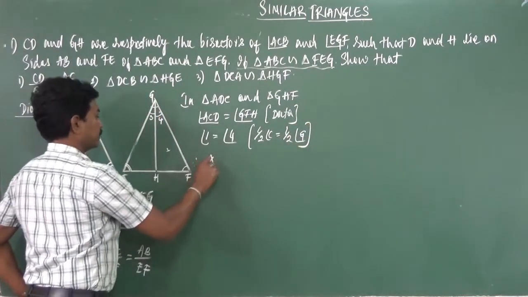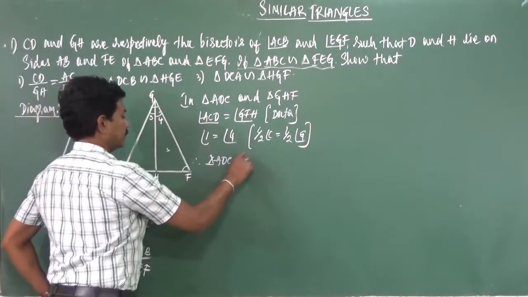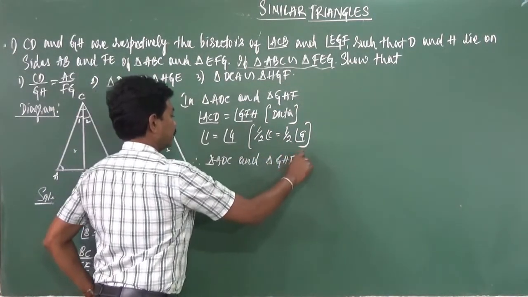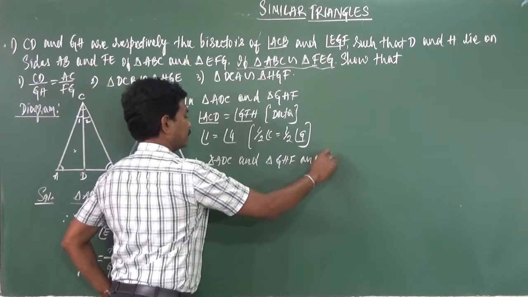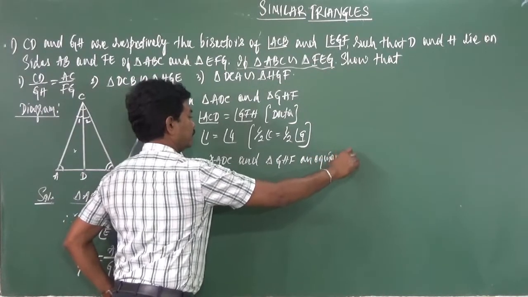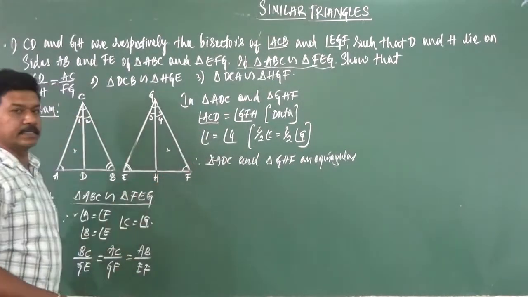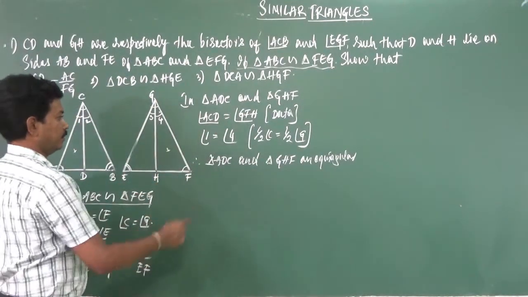So therefore, triangle ADC and triangle GHF are equiangular, because two pairs of corresponding angles have become equal.